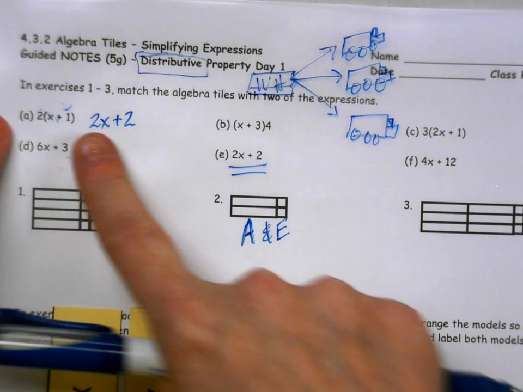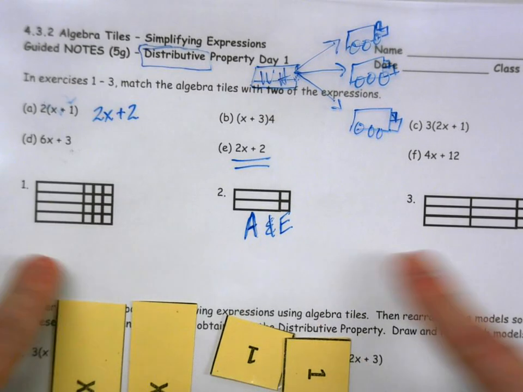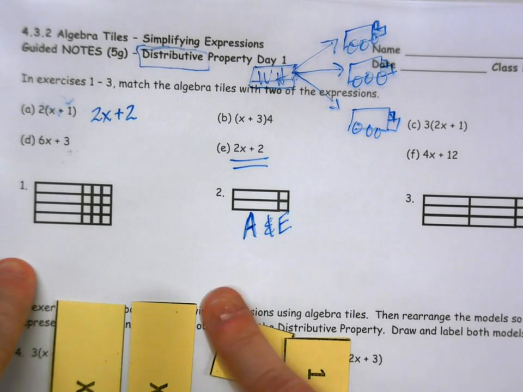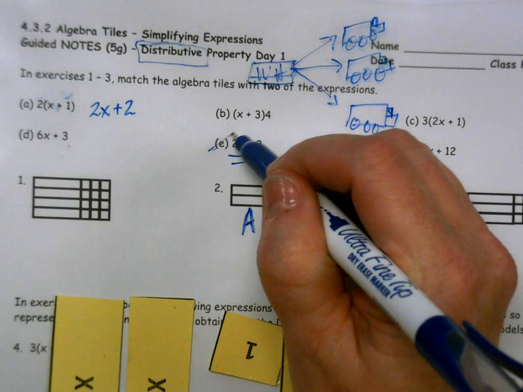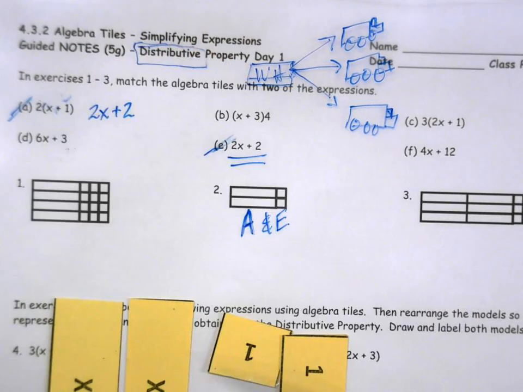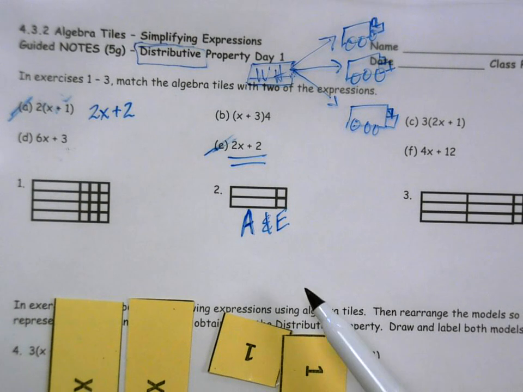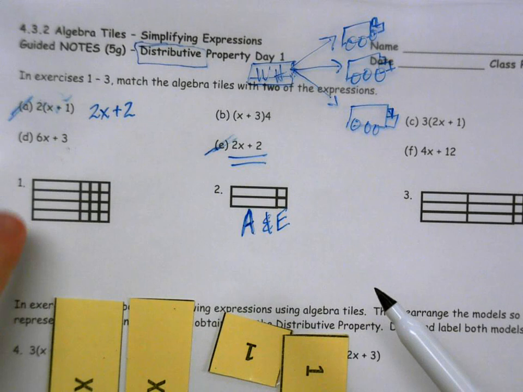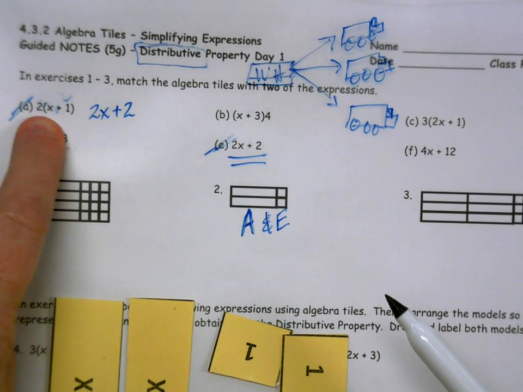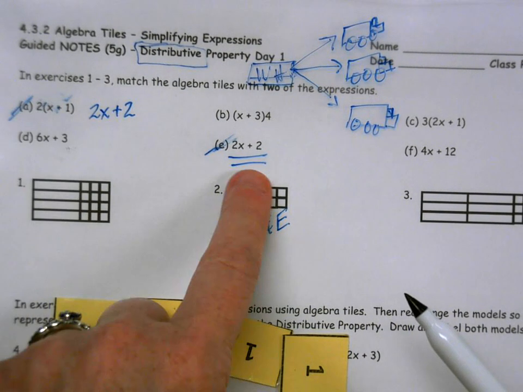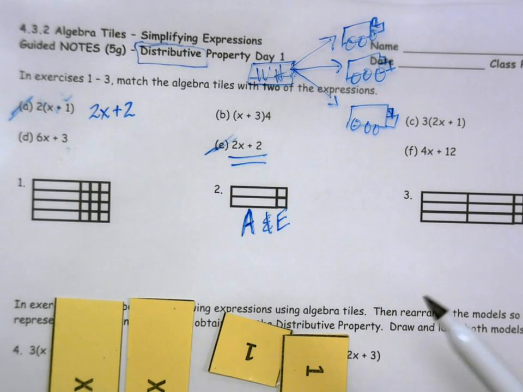Other way. We're matching these 6 at the top down here with these 3 pictures. So there's 2 that go with each picture. So we already used E and we already used A. So 2 is A and E. A is the way that it's written before it's distributed, and E is the way it's written after it's distributed.